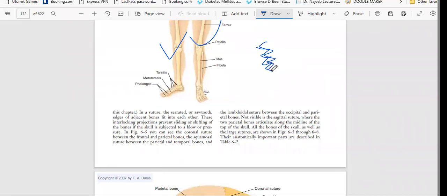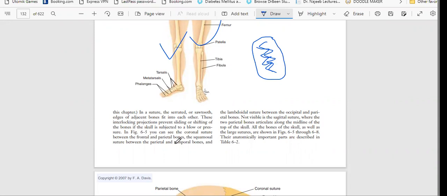Because whenever you get an injury, it is very strong. That's the reason our cranial bones are attached by these types of sutures, because they don't move, to protect the brain.